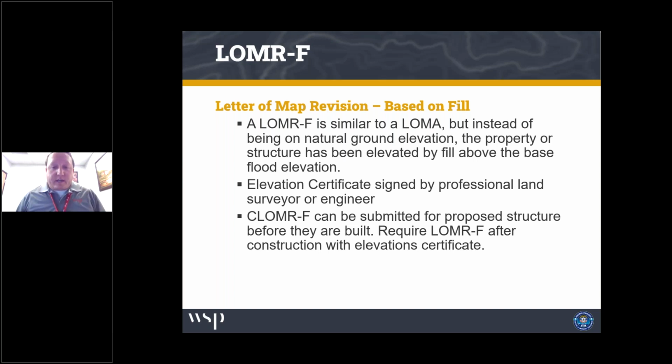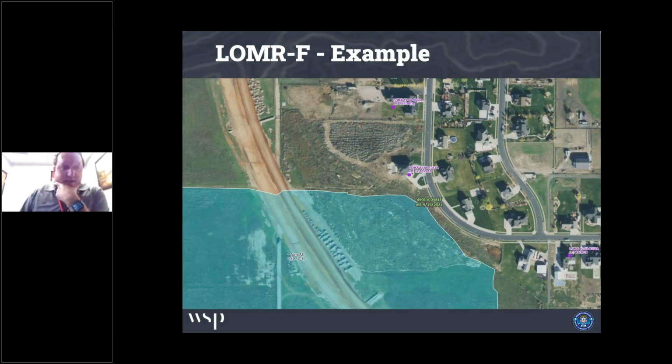So let's look at one example of that. Property here, this is lake flooding out here. You can see that the lake flooding kind of inundates an area adjacent to this property, but it doesn't actually touch the structure. The mapping's actually been updated here.